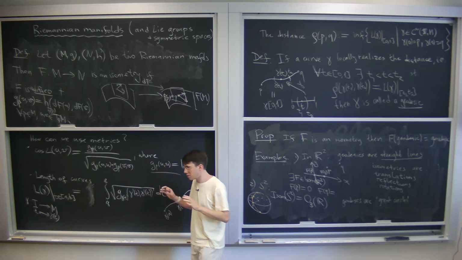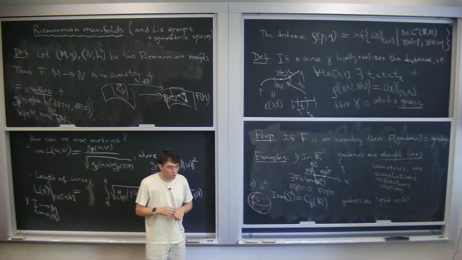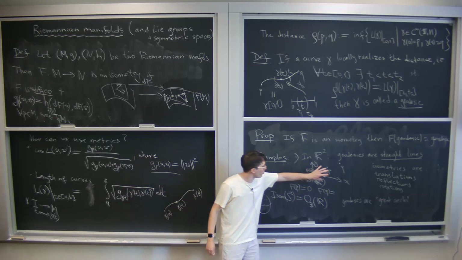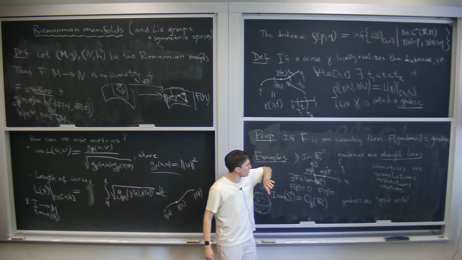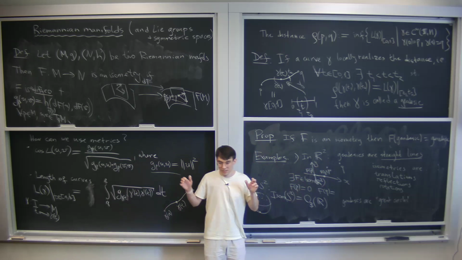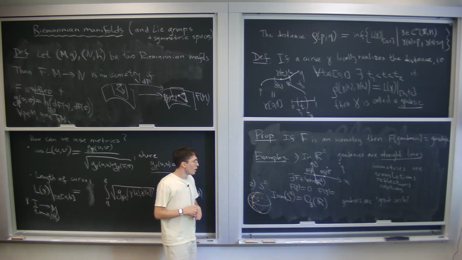Moreover, in this sense, our manifolds are so-called homogeneous, meaning that the neighborhood of any point in the space is isometric to the neighborhood of another point in the space.